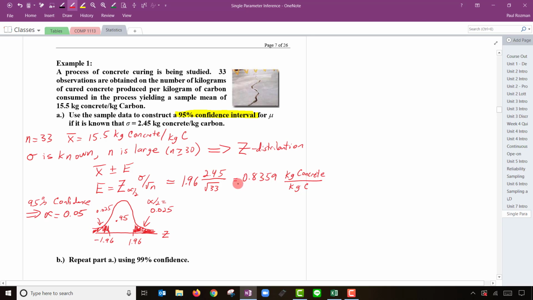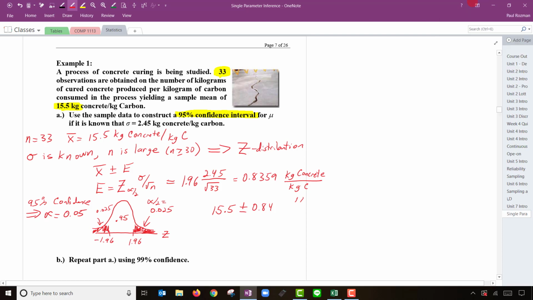So now we have our confidence interval. We had a mean of 15.5. Imagine we had 33 values. I just didn't list them all. And then I calculated the mean from those 33. Then we calculate the error in our estimate of, say, 0.84. And again, the units are the same: kilograms of concrete.